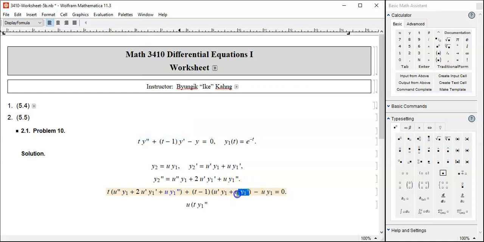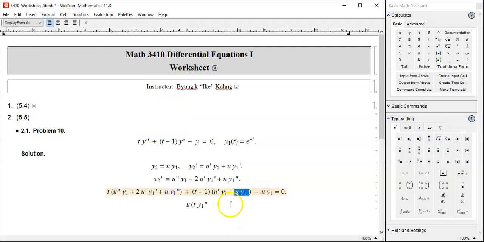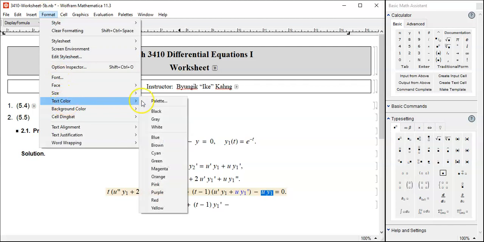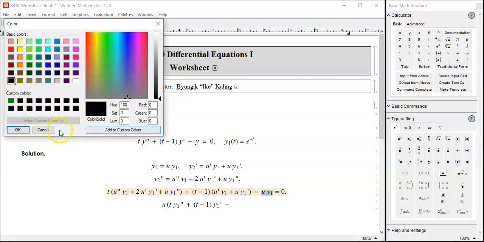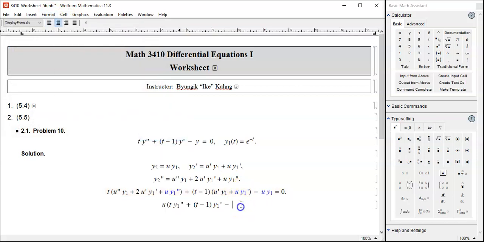Next, this one, plus t minus 1 y1 prime, minus, finally this one, y1.